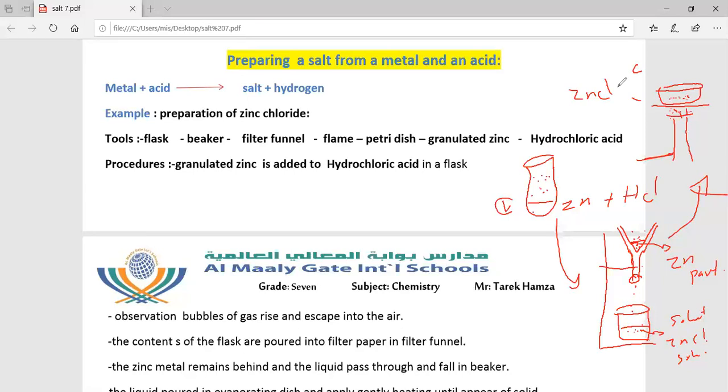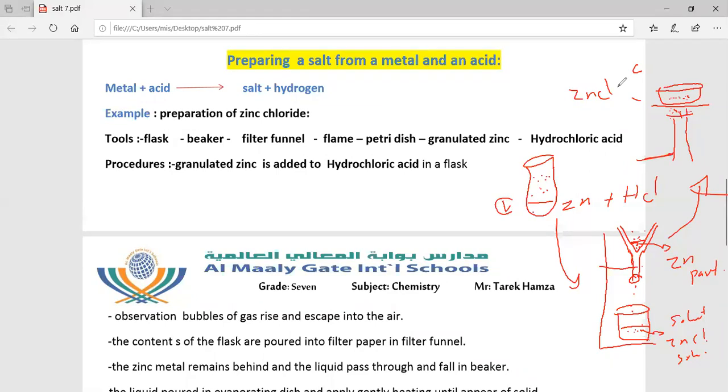Lana? Yes. My problem is with this experiment. Repeat again? Yes, please. Okay, listen to me carefully. First, in the flask we put zinc particles with hydrochloric acid.